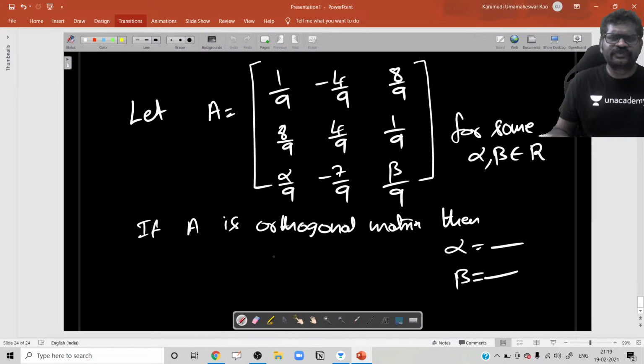So we have to find the alpha and beta values if the matrix is an orthogonal matrix. If the matrix is orthogonal, then what are the values of alpha and beta?